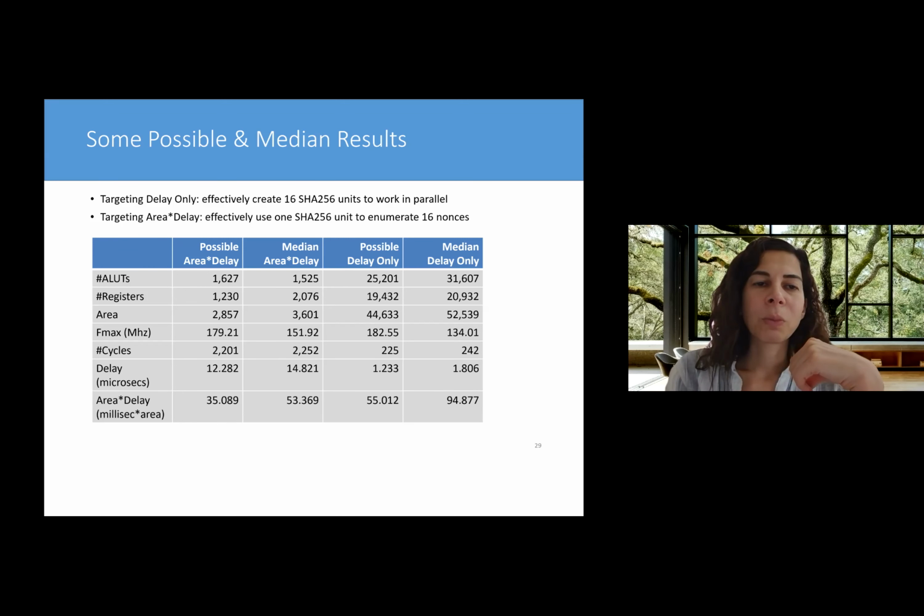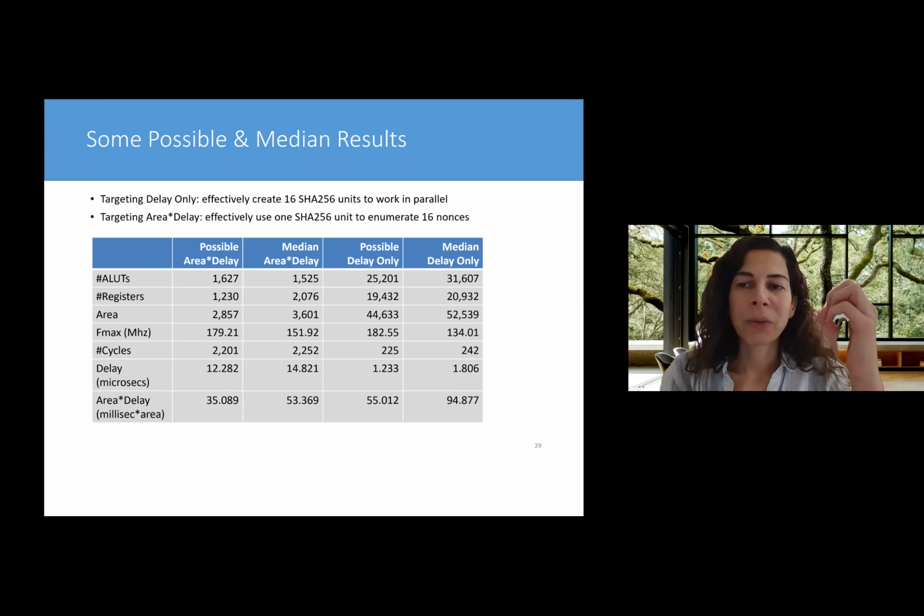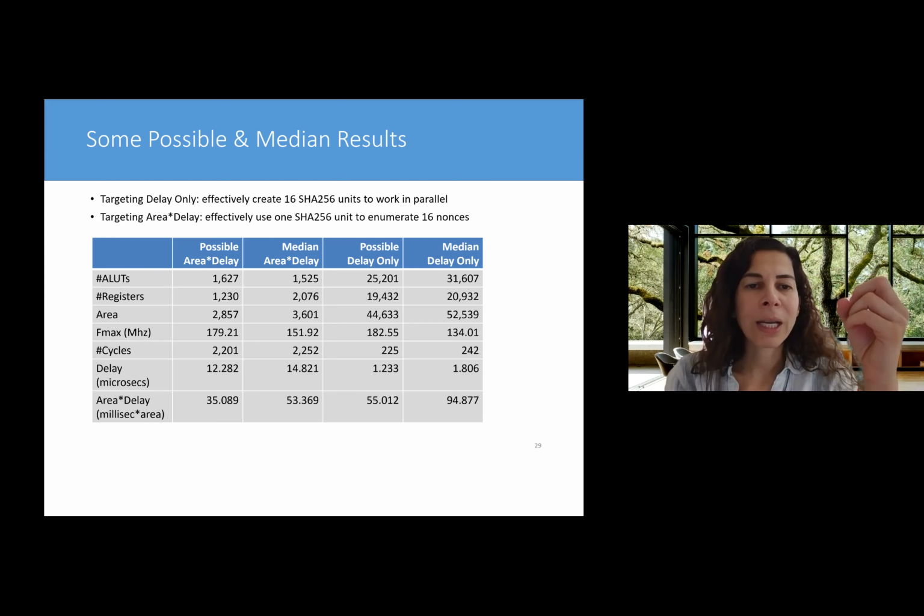And, as I mentioned earlier, we have a sequential and parallel implementation. In the sequential implementation, we're trying to optimize area delay product. In the parallel implementation, they really only care about the timing of the design. We need to use one SHA-256 unit to enumerate 16 nonces.